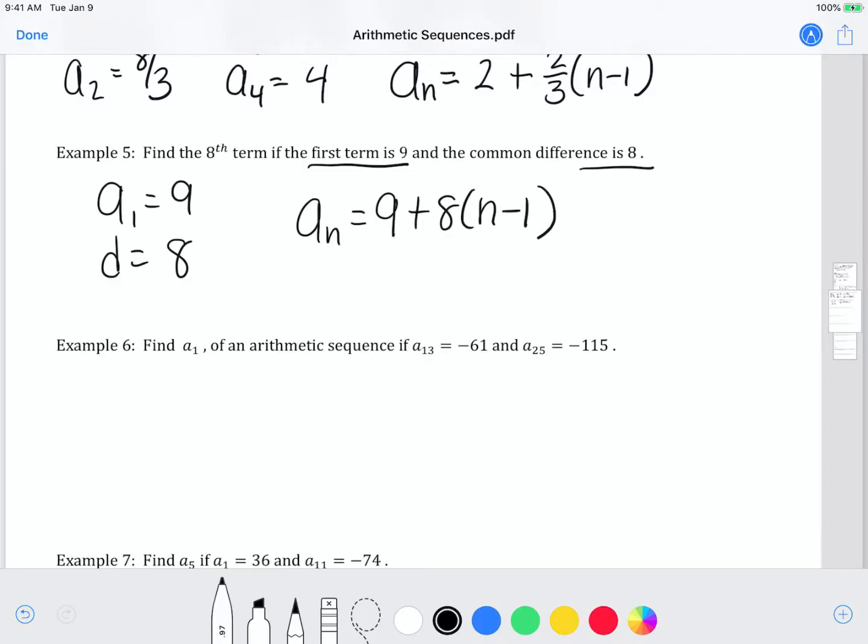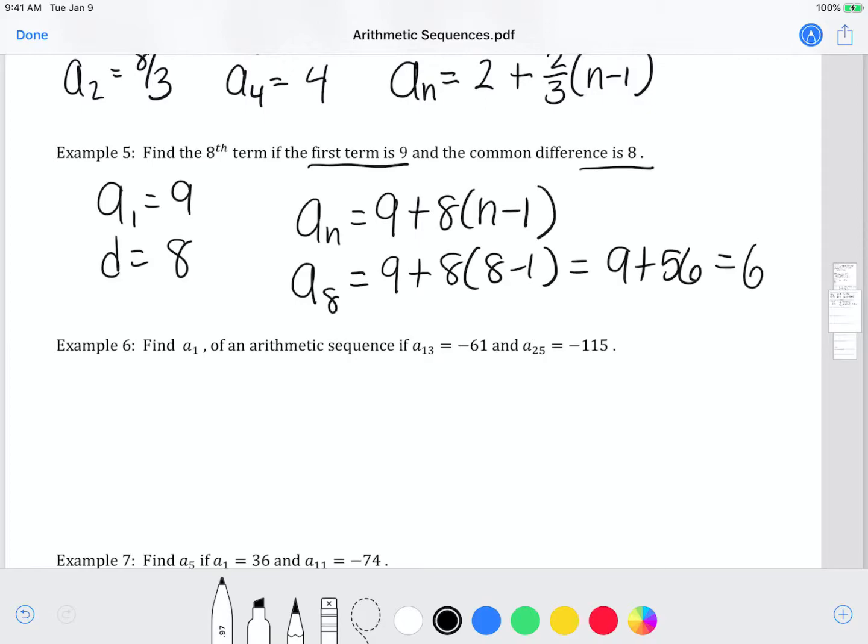Then to find the 8th term, I plug in 8 for n. 8 minus 1 inside the parentheses is 7. Then 8 times 7 is 56. And if I add 9 to that, I get 65.